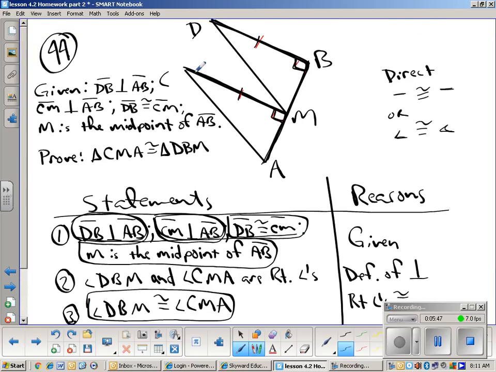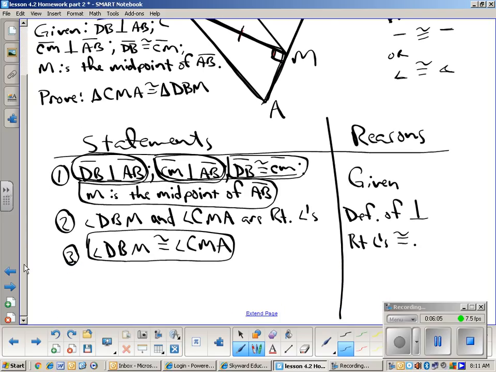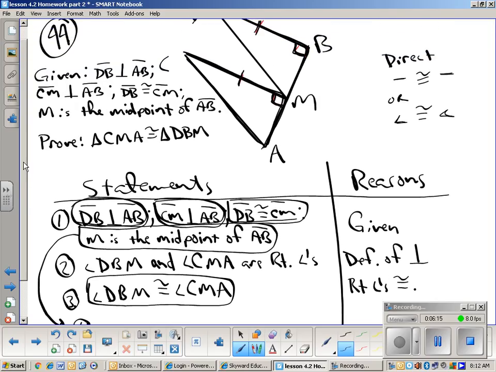And so we have how many facts now in this triangle? Louder? Two. We have a side and an angle congruent to this side and this angle in this triangle. So we're almost there. And so if we go back to the given and say, why did they tell me this? Why did they tell me M is the midpoint of segment AB?